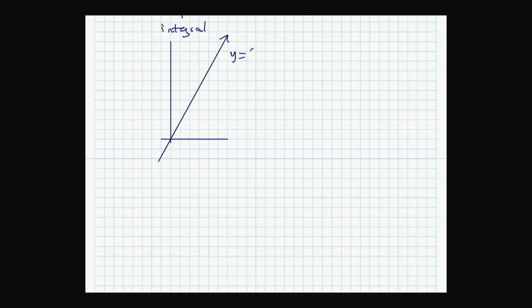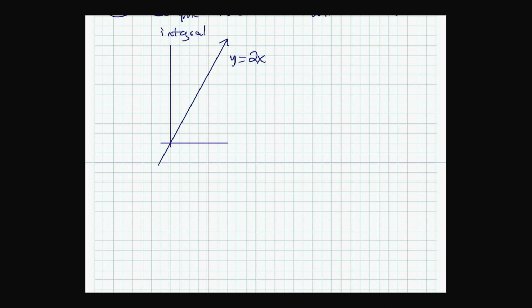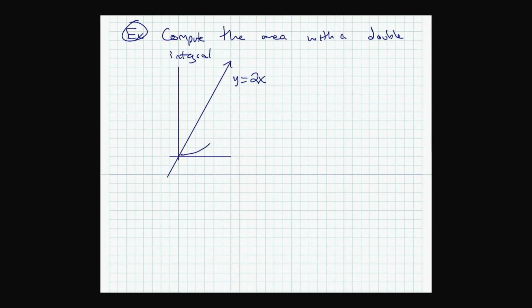So this is going to be y equals 2x. And then do a parabola. If I can draw a parabola. Well, oh, I can. Oh, dang, that's nice.